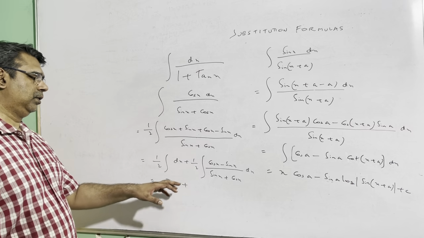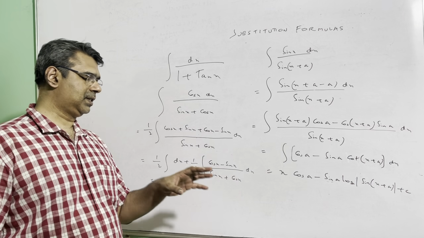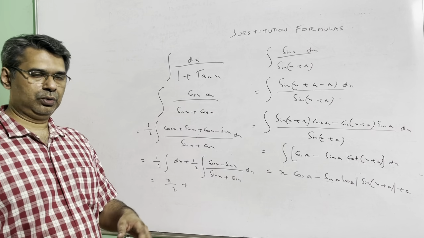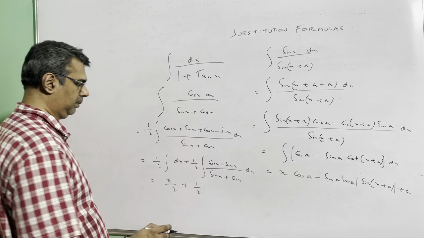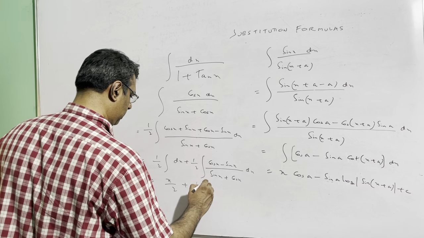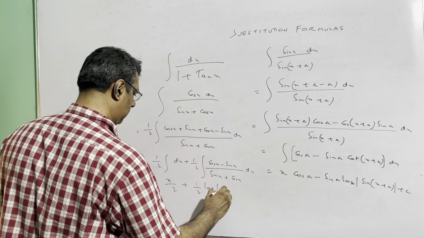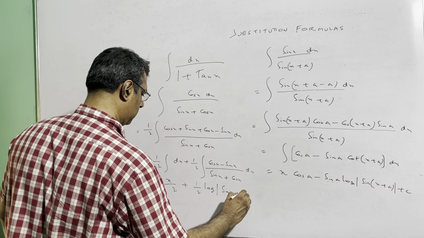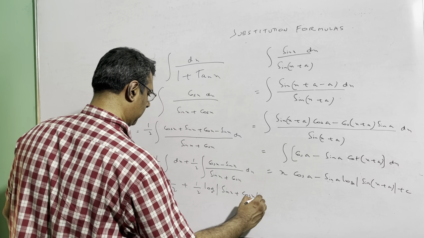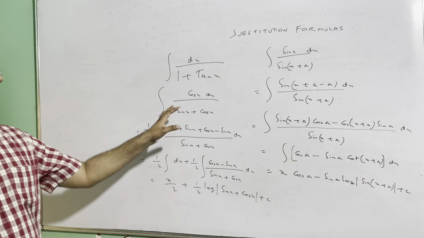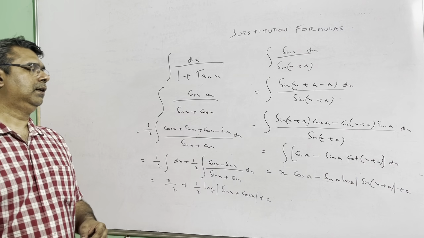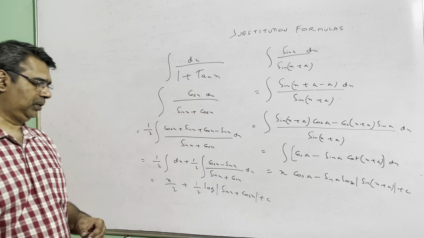So you can make a substitution sin x plus cos x equal to y and do after that, or if you have understood the concept of substitution, you can just straight away say log mod sin x plus cos x plus c. So these are the two sums I wanted to discuss with all of you from trigonometric substitution formulas.